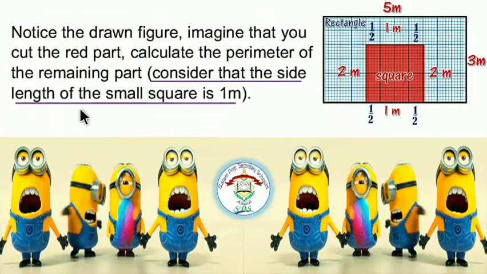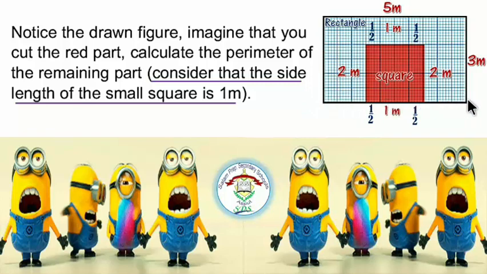Next one. Notice the drawn figure. Imagine that you cut the red part. This is the red part. Calculate the perimeter of the remaining part. Consider that the side length of the small square is 1 meter. Please take care.